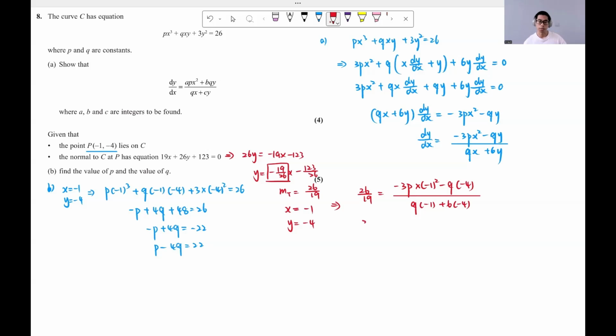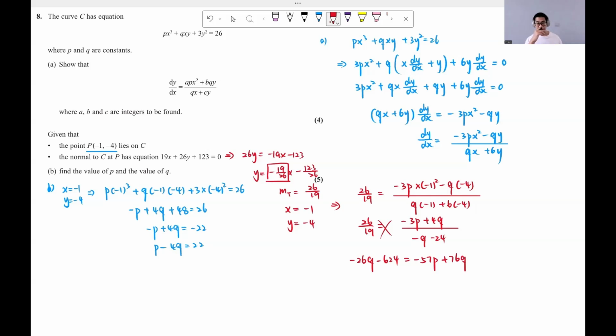Then simplifying this, 26 over 19 is equal to -3p plus 4q over negative q minus 24. So I'm going to cross multiply. That would be negative 26q, and then 26 times negative 24 is negative 624. And then 19 times each one of them: 19 times negative 3 is negative 57p, and 19 times positive 4 is 76q.